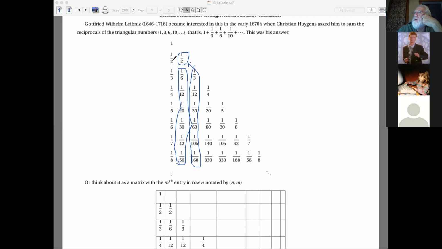Right, but these are two different series, because I'm saying 1/2 is 1/3 plus 1/12 plus 1/30th. Over here, I'm saying 1/2 is 1/6 plus 1/12 plus 1/20th. So different numbers.